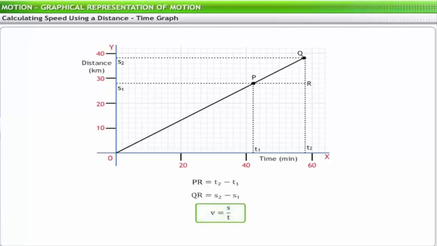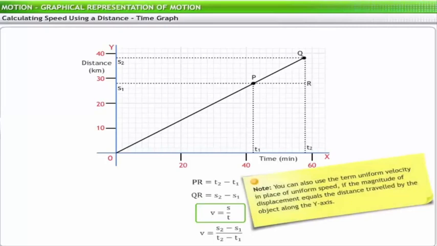Therefore, the speed of an object v is equal to (s2 minus s1) divided by (t2 minus t1). Note, you can also use the term uniform velocity in place of uniform speed if the magnitude of displacement equals the distance travelled by the object along the y-axis.